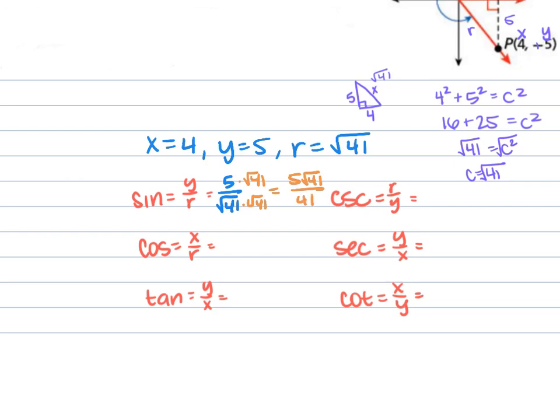Cosine, x over r. X is 4, r is the square root of 41. So again, multiply top and bottom by the square root of 41. So this is going to leave us with 4 square root 41 over 41. Tangent is y over x, so this is just 5 over 4.